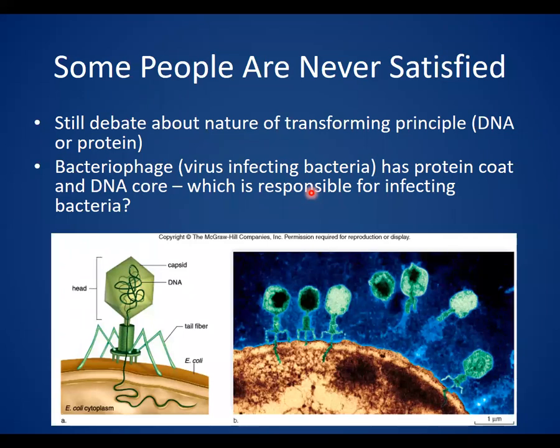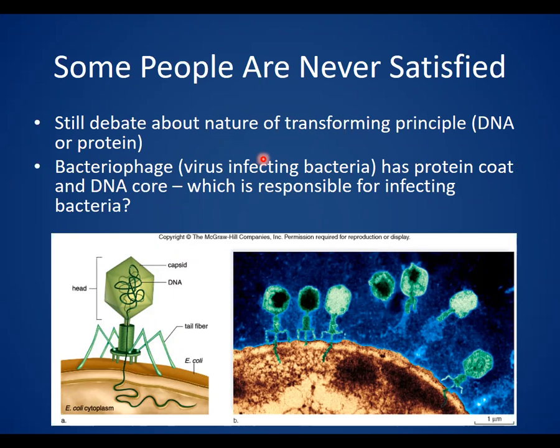But scientists, like everybody else, are human beings, and sometimes they remain irrationally attached to ideas that they've had for a long time. And there were many scientists who were convinced that not DNA, but protein was the genetic material. Proteins were also large molecules.